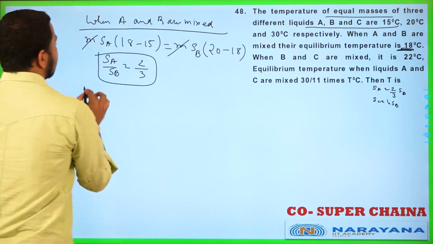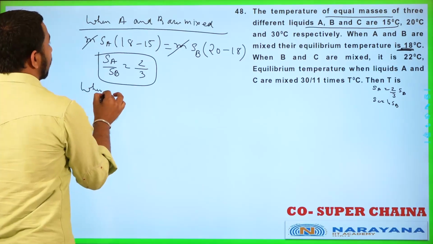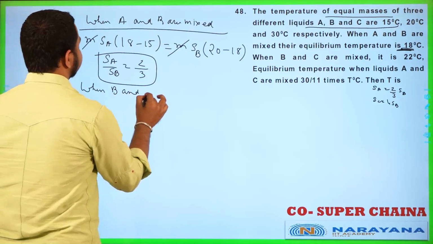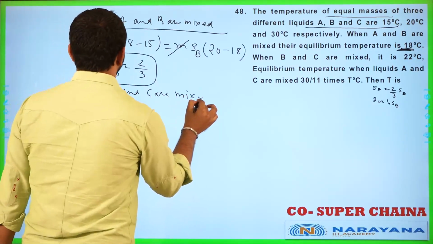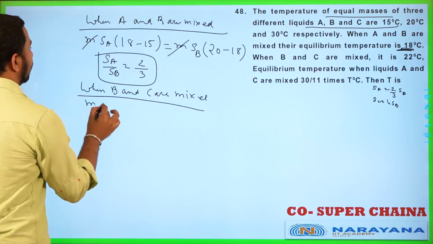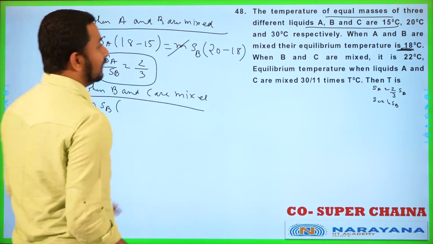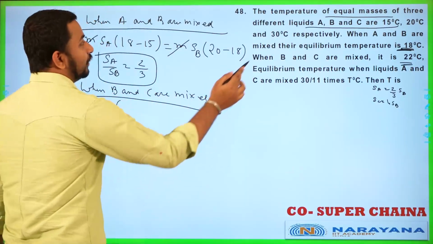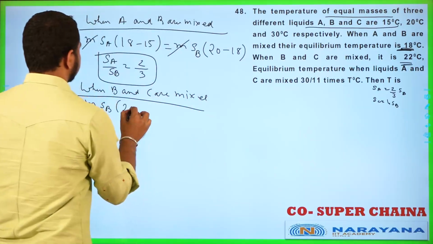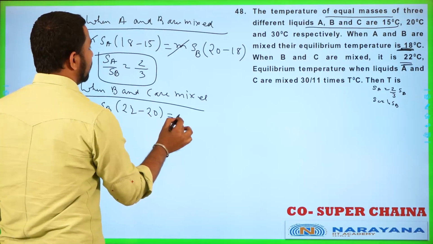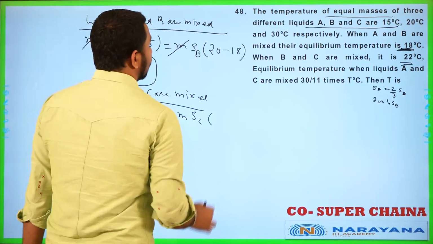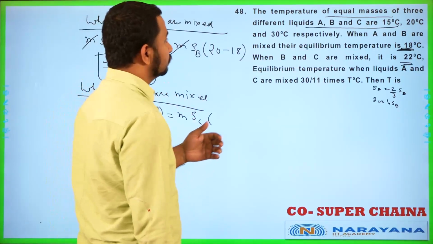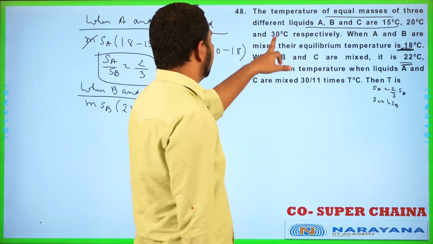We name this as equation 1. When B and C are mixed, M into SB delta T, the equilibrium temperature is 22 here. So 22 minus 20 will be equal to M into SC, where C temperature is 30.